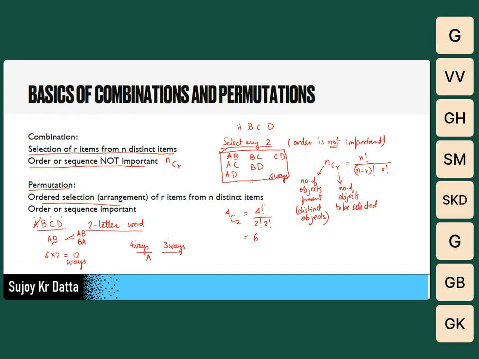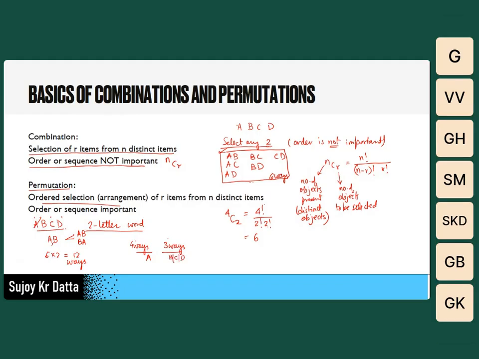What I mean to say is, if I had chosen A, then here you had B or C or D, 3 ways. If I chose B, then here you will have A, C or D. That's 3 ways. C, then A, B and D. And D, then A, B and C. Right? So for this also 3 ways, for this also 3 ways, for this also 3 ways, for this also 3 ways. So it is going to be simply 4 multiplied with 3, 12 ways.